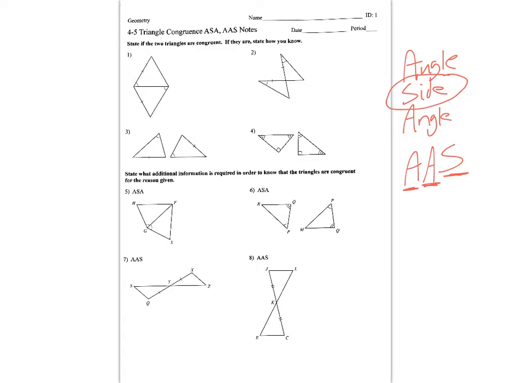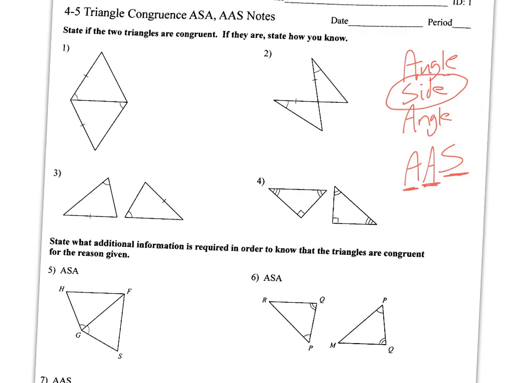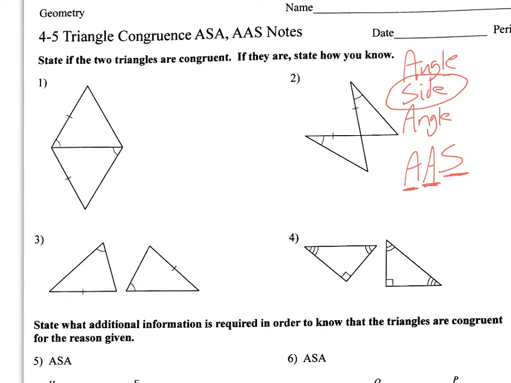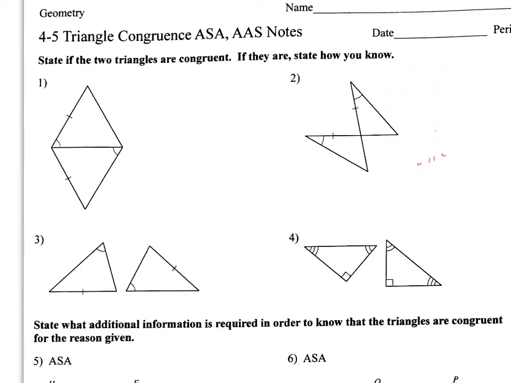Alright, so let's take a look at these first two. Again, one of the things we got to remember is how to mark things that we know are true even if it's not in the picture itself already. For example, in problem number 1, we know that this side is congruent in both triangles because it is a shared side between the two triangles.